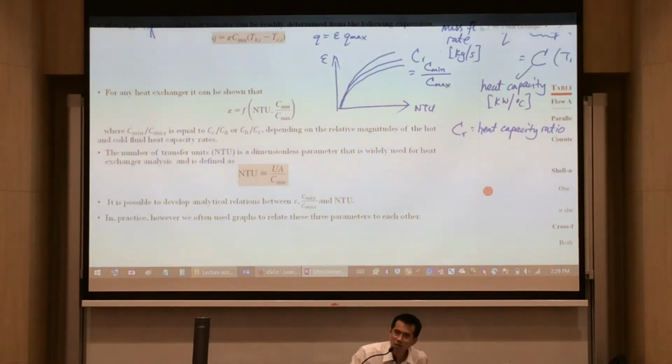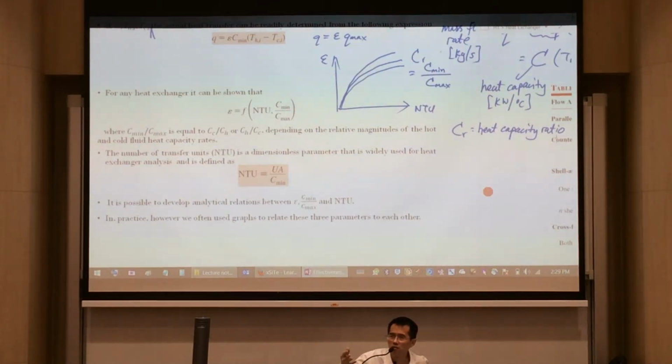In certain textbooks, they actually do away with the small letter subscript R and just write capital letter C. So as you look into various different textbooks, just be aware that this is written differently by different authors.